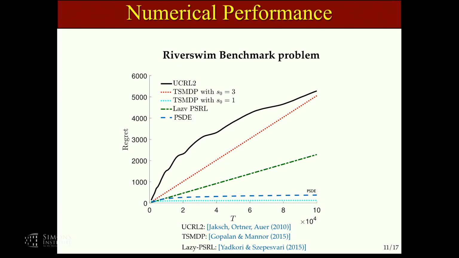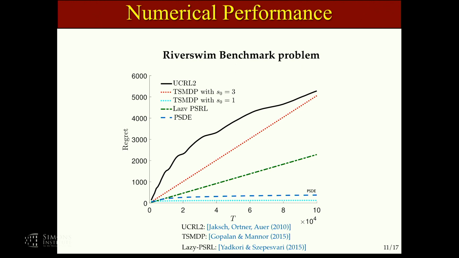But for this algorithm, which is lazy PSRL, the regret is going linearly, and you may not even get convergence to the optimal policy. And then there is another algorithm, TSMDP, where you need to specify a recurrent state. If you specify a good recurrent state, it performs quite well, but otherwise it doesn't. Okay, so as far as we know, that's the state of the art.